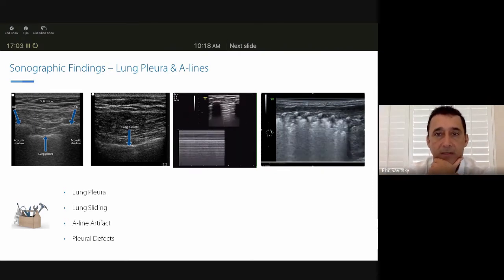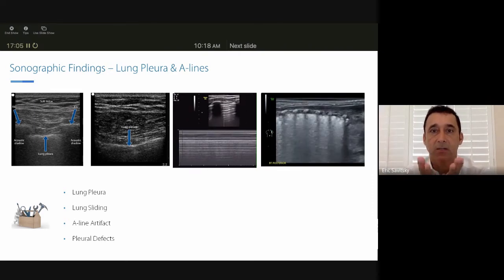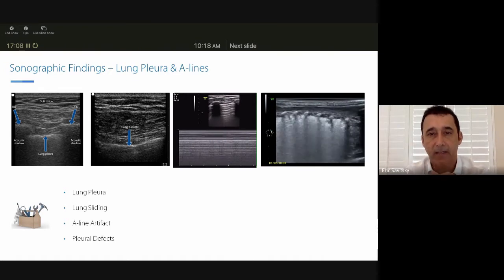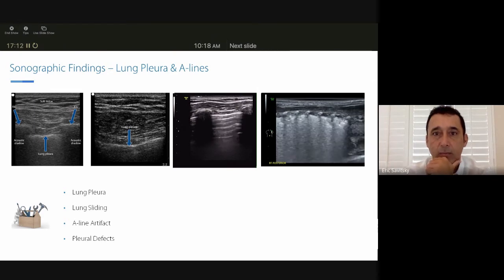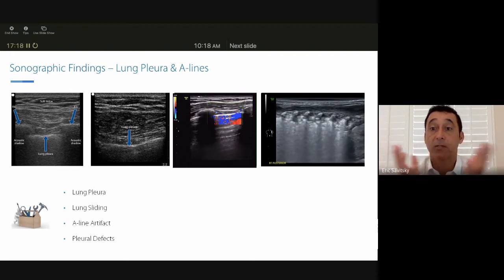When you look over here to this image, this is dramatically different. So this is a neonate with a white lung appearance, and you can see there is no real pleural line that you see. You see a lot of pleural irregularity, and that's a pleural defect.